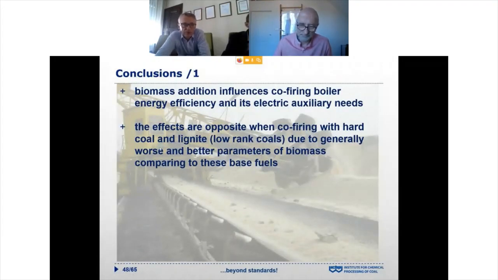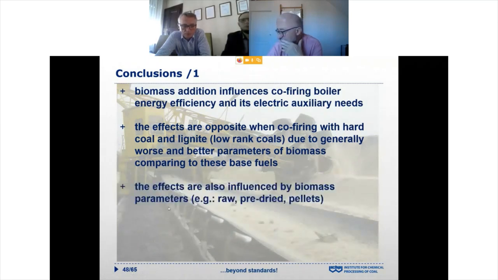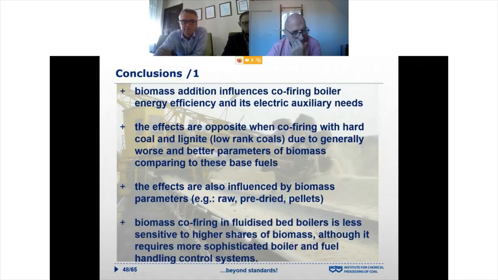It can be performed not only with steam coal, the hard coal, but also with lignite, due to generally worse biomass parameters in the case of coal and better in terms of lignite, compared to these base fuels. Also, these effects depend not only on what kind of base fuel you use, coal or lignite, but they are also influenced by the properties of the biomass, in terms of whether it is raw, pelletized, or maybe dried.